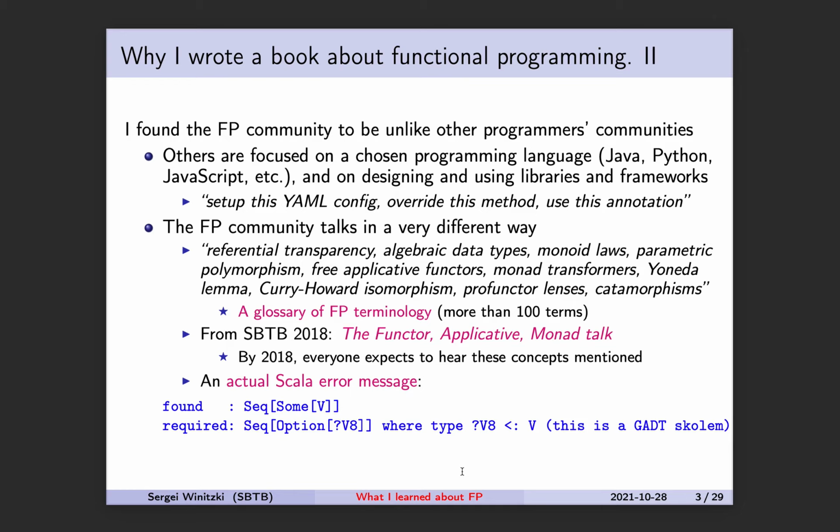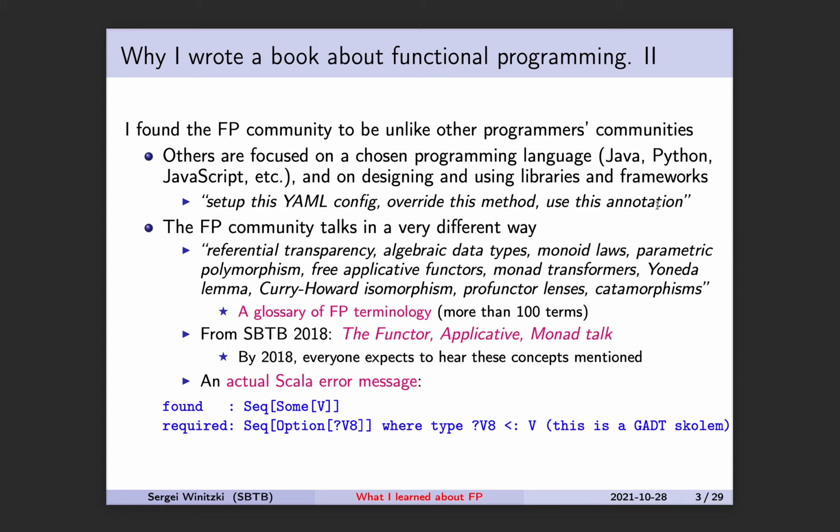And the things they talk about is, here is how you configure, this method needs to be overridden, put this annotation, and so on. So how to use specific features of those frameworks and what benefits they give.